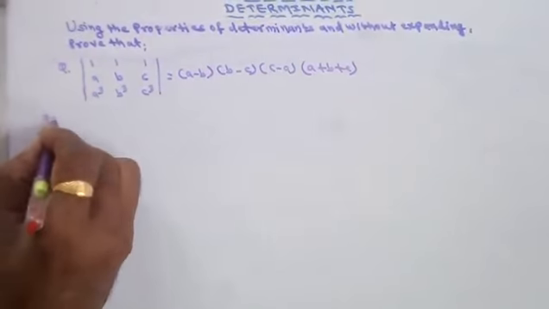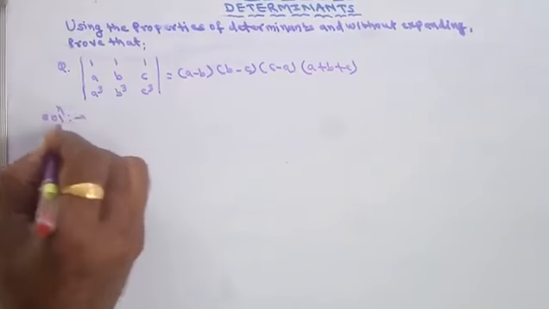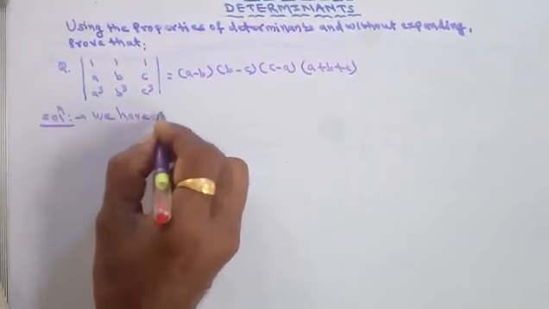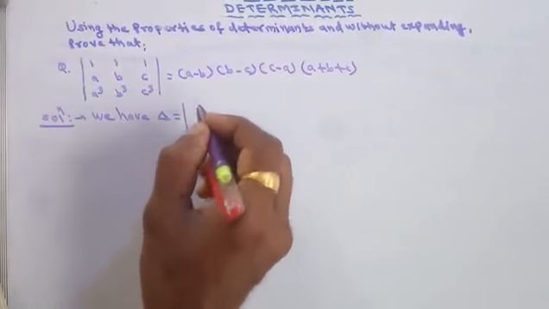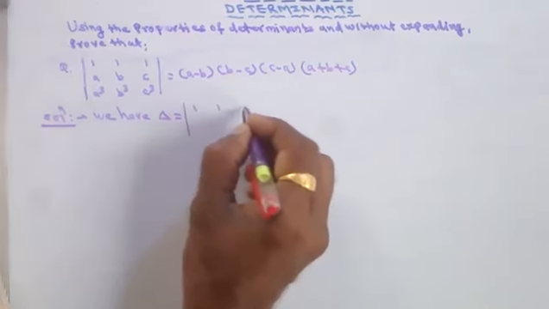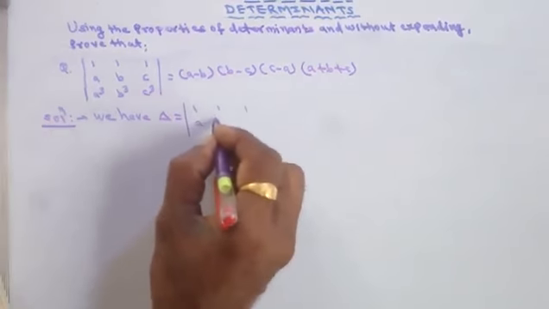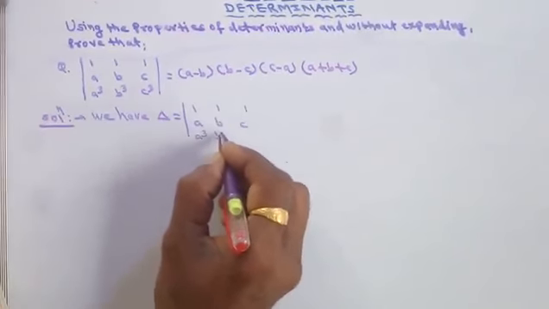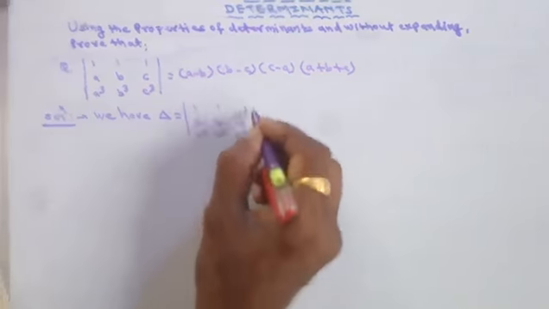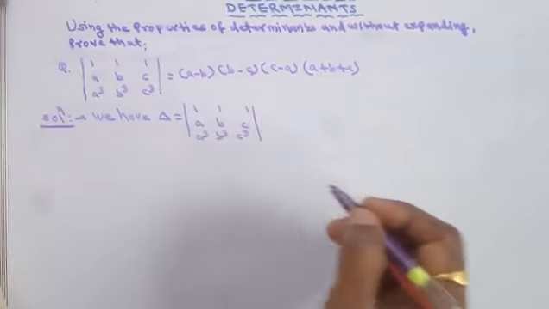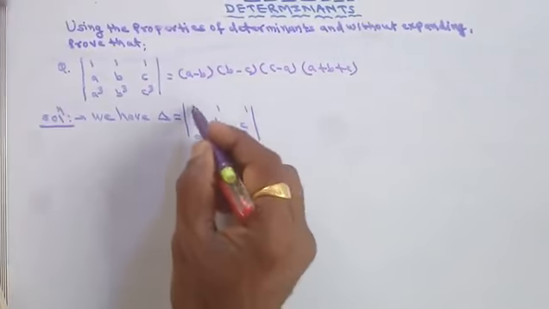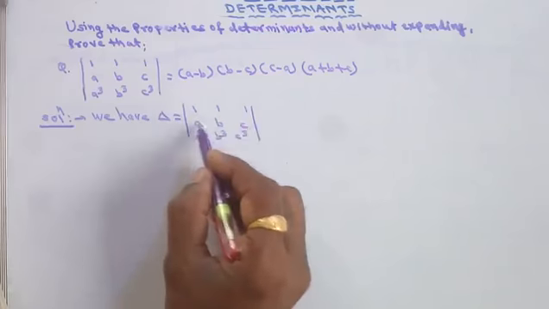So, solution. We have this determinant equal to 1, 1, 1; a, b, c; a cube, b cube, c cube. I am operating on C1: C1 minus C2 becomes a − b.